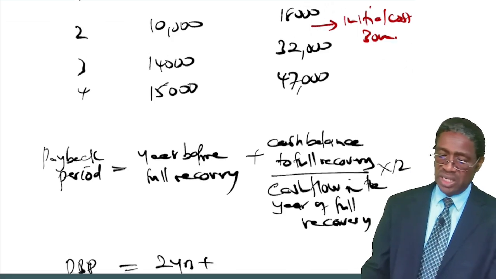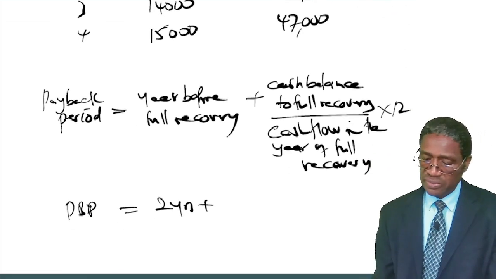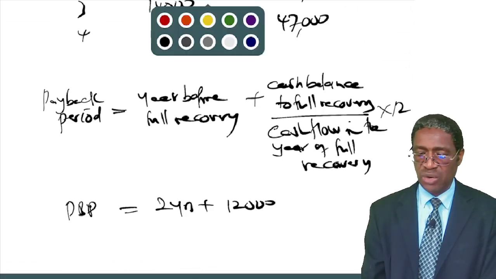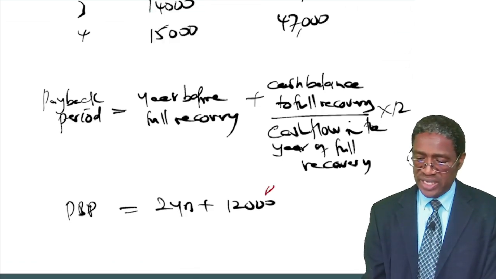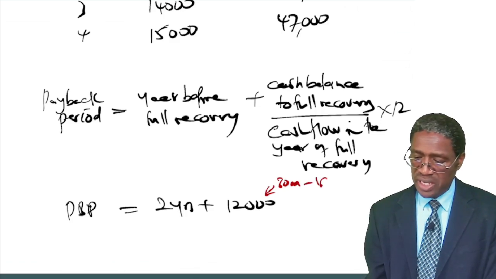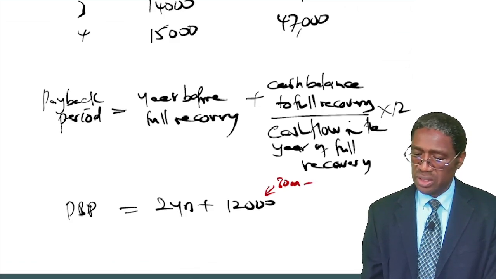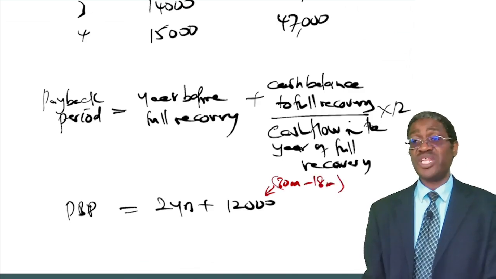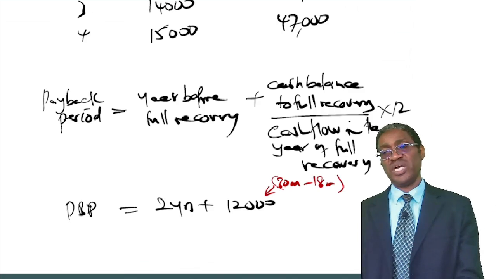So the balance is 12. If you think you'll forget how we are getting that 12, we are getting it by taking 30 million minus 18 million.